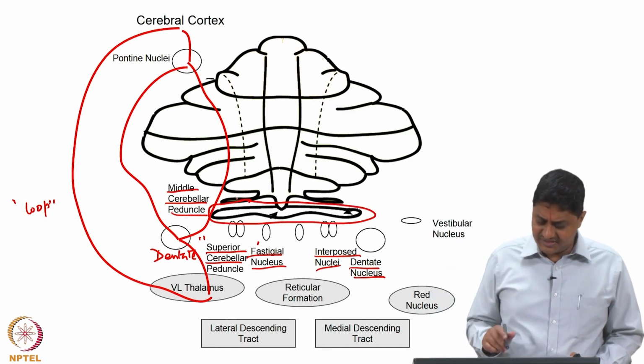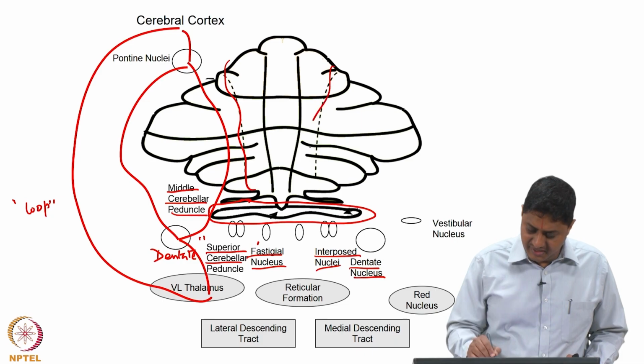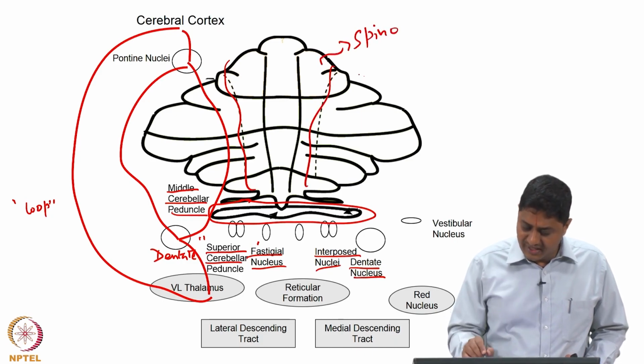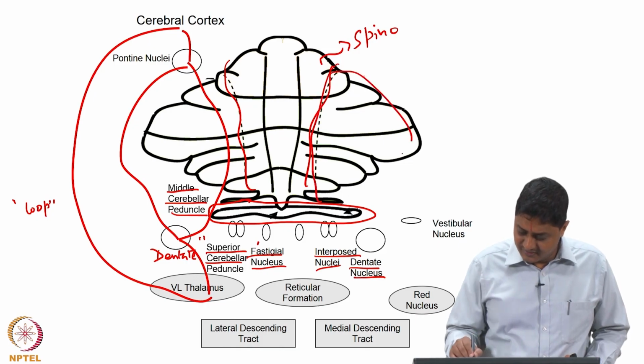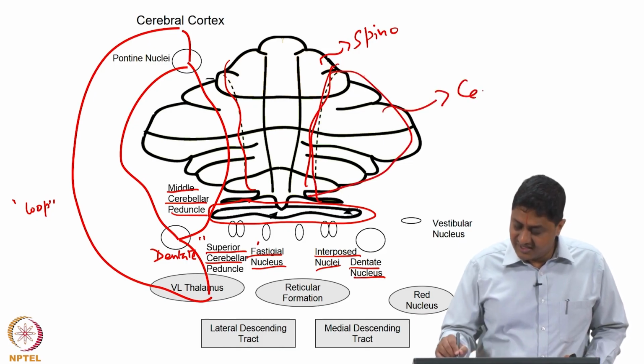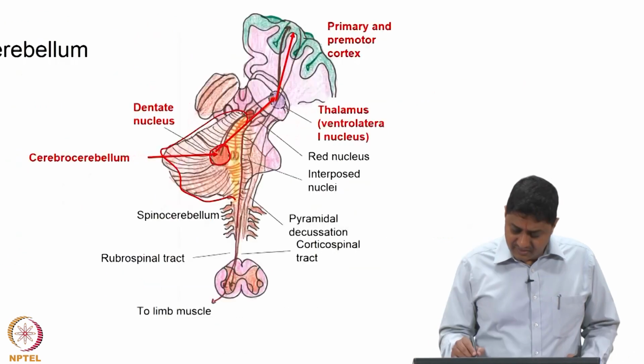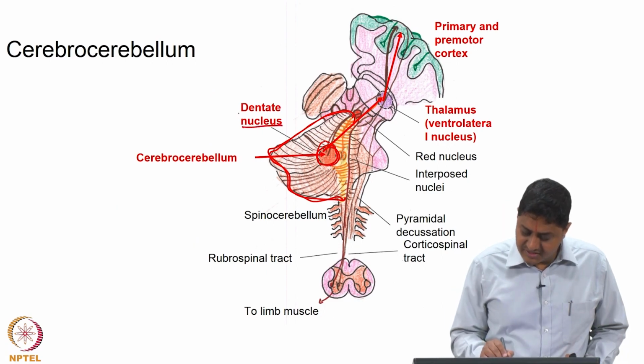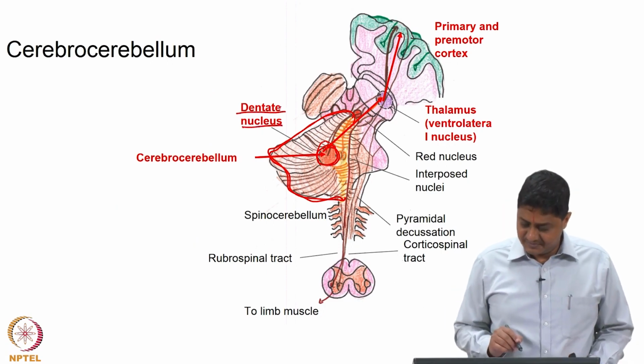We have seen these things previously. So, the more medial region constitutes the spinocerebellum. The more lateral region constitutes the cerebrocerebellum, and that is the deep cerebellar nucleus, which is the dentate nucleus, right.